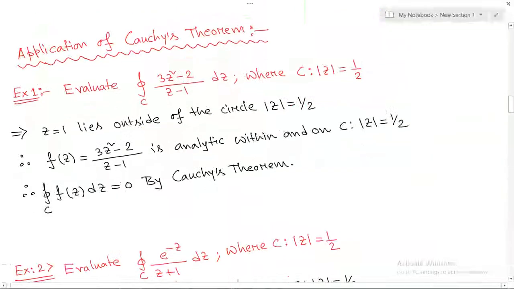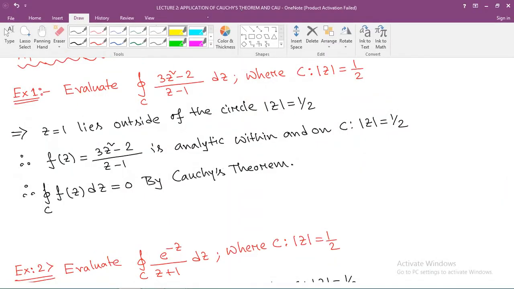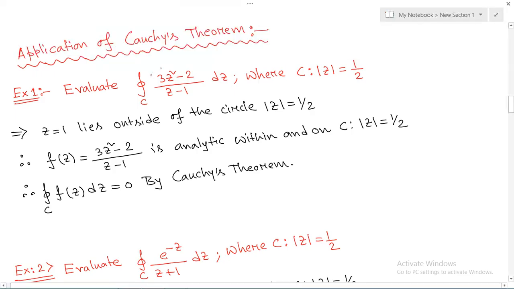First, let us see in the exam what type of questions we are going to face. Here one integration has been given, that is the integration over a closed curve C of (3z square minus 2) divided by (z minus 1) dz, where C is the circle mod of z equals 1 by 2.